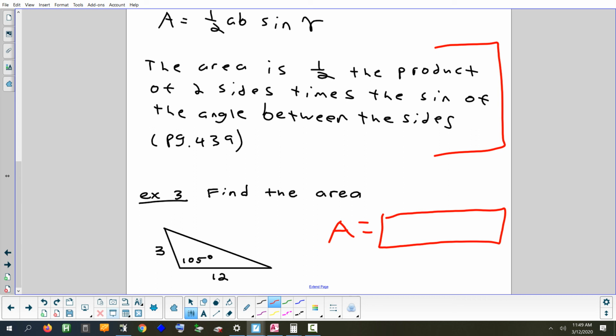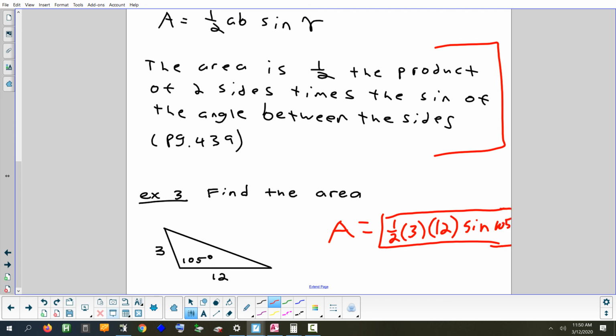Chris? Well, start at the beginning of the formula. Yep, 1/2. Yep. Perfect.